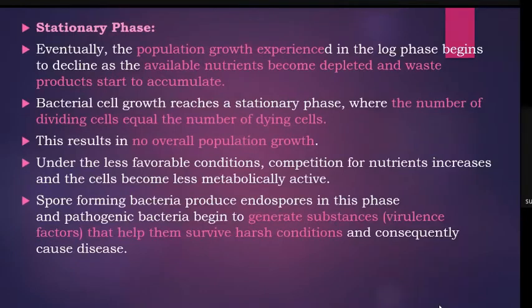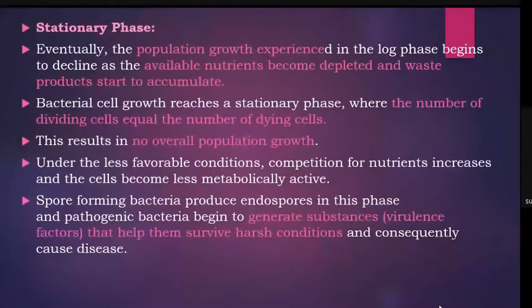So because of that, in the stationary phase, the number of cells dividing and the number of cells dying will be equivalent. There will be cell division, and the cells which were produced before will lack nutrients and start dying.